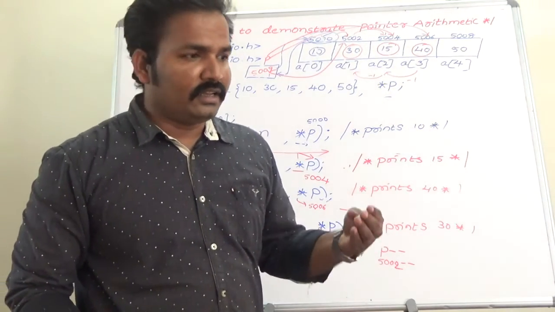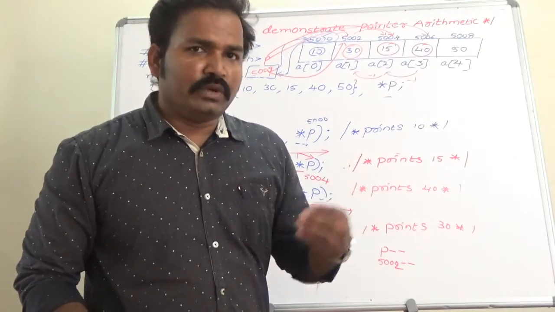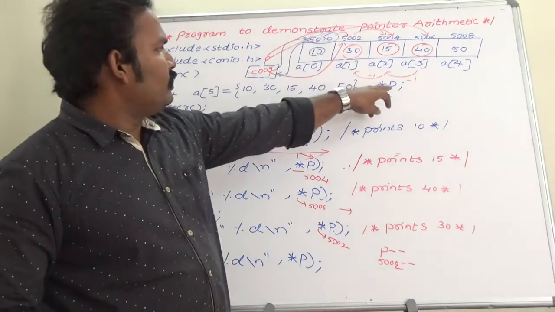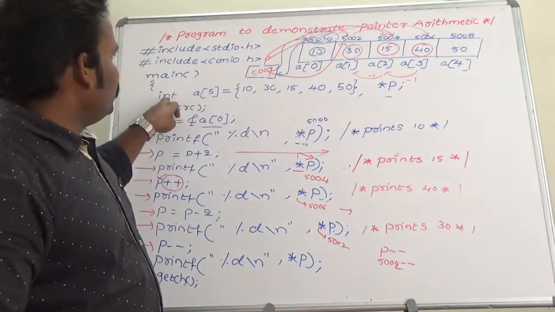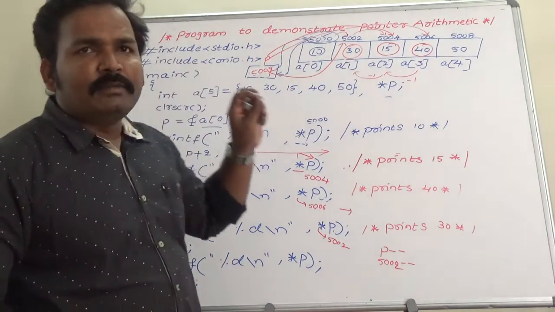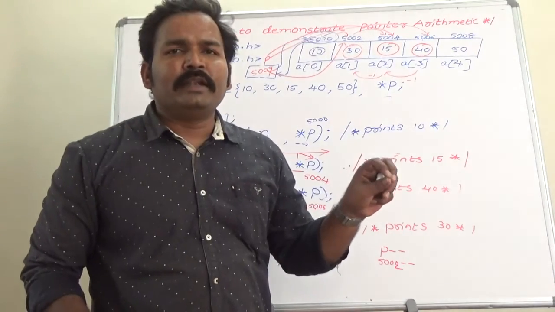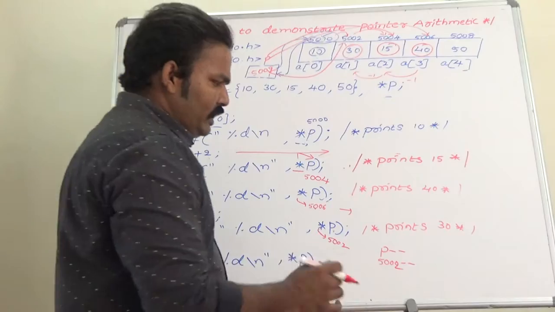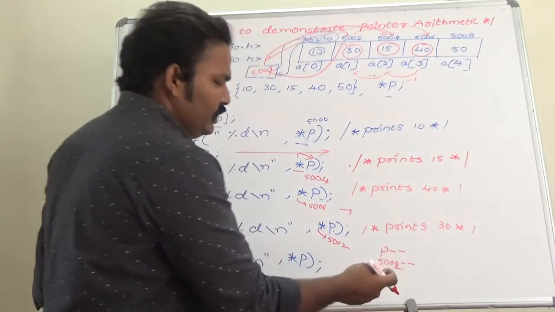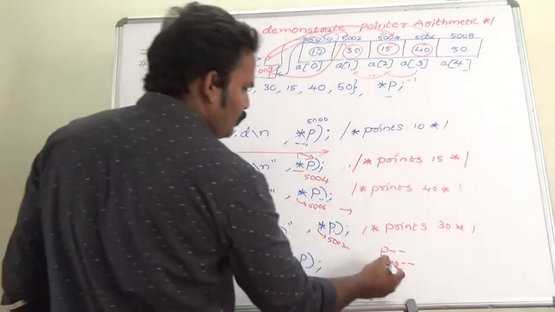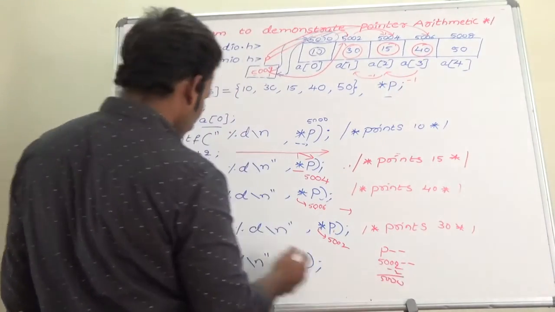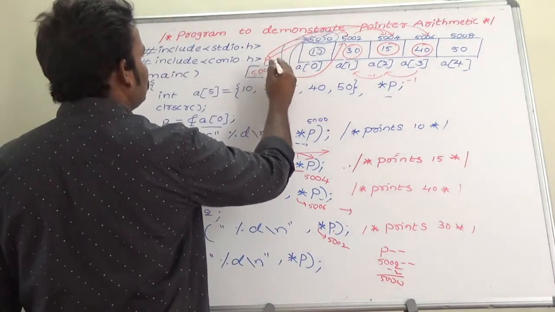Why does it decrease only 2? Because if the pointer variable is integer type, the decrement operator decreases 2 from the current value. So clear? 5002 minus 2, 5000. Now the p value is 5000.